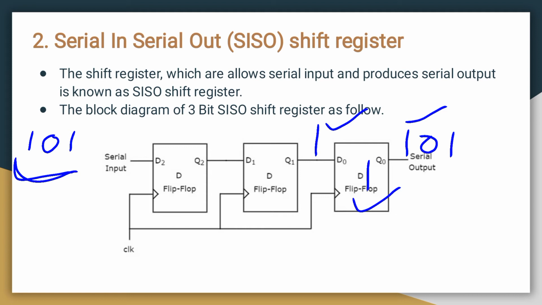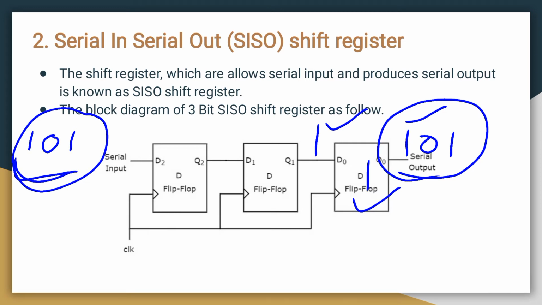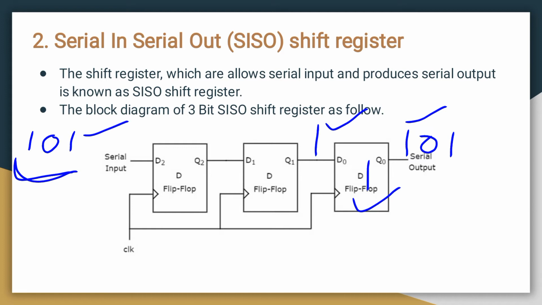So by this we get the input as it is at the output in a serial manner. So that is serial input. First we took the first input 1, we got 1. Second input 0, we got 0. Third is 1 and we got 1. So like this we are going to get a serial in, serial out shift register.